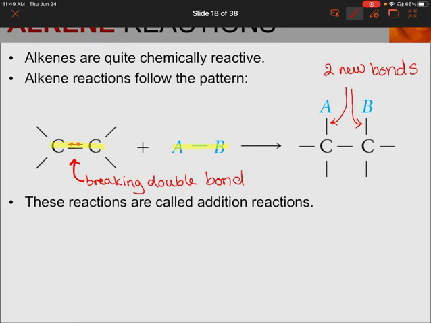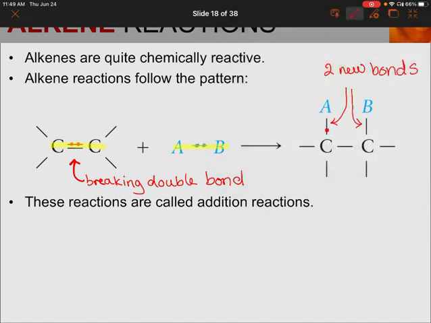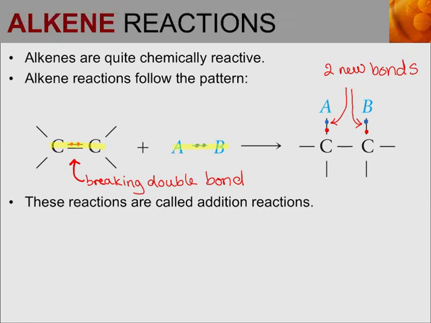So what we're really doing is breaking that bond, and then we're also going to break the bond between A and B. And then our red electrons are going to create new covalent bonds with the blue electrons from A and B. Now these reactions are called addition reactions because we're adding something across that double bond.